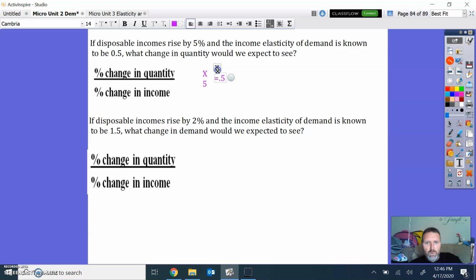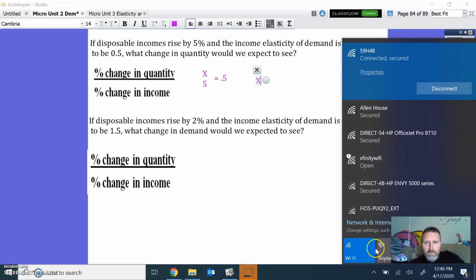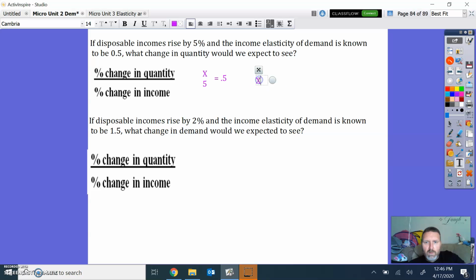Like cross price, bring the 5 over, 5 times 0.5, X equals 2.5. That should be pretty straightforward to see. It's a normal good, and it's probably pretty inelastic. I'm sorry, pretty elastic. Oh, no, my bad. It's very inelastic because it's 0.5.